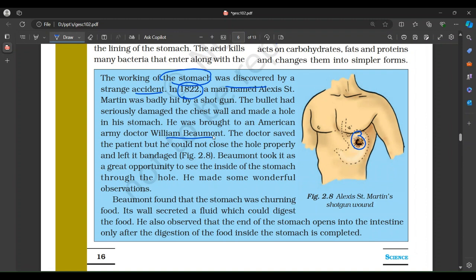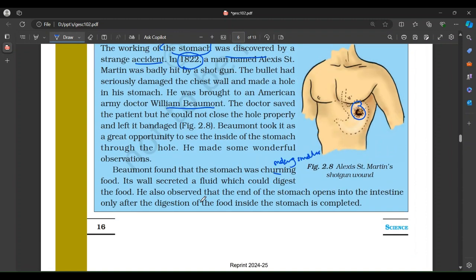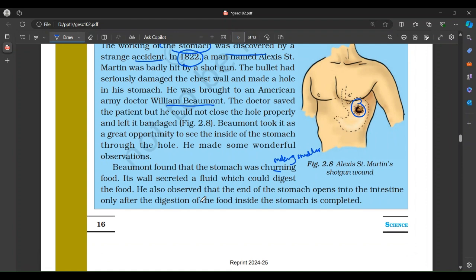Beaumont took it as a great opportunity to see the inside of the stomach through the hole. He made some wonderful observations. Beaumont found that the stomach was churning food. Churning means making it into smaller pieces. Its wall secreted a fluid which could digest the food.